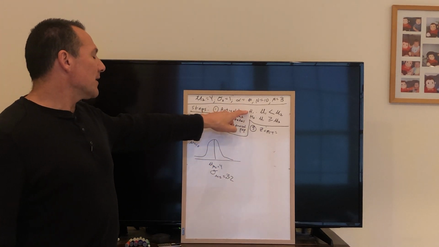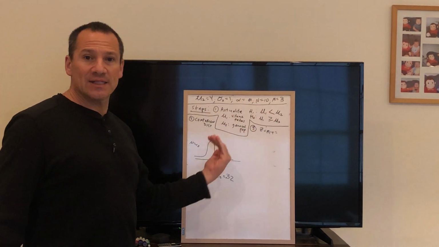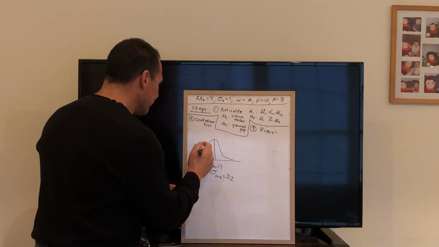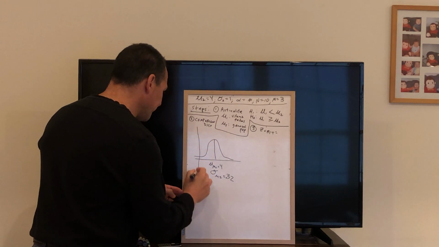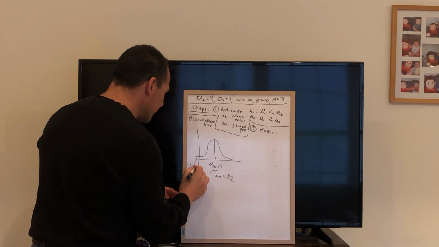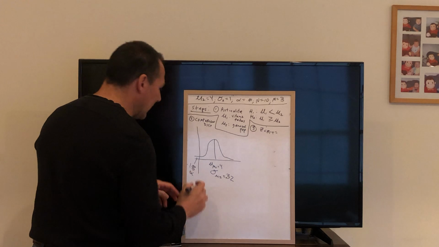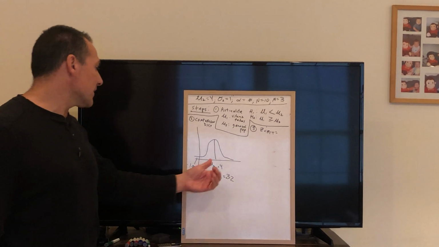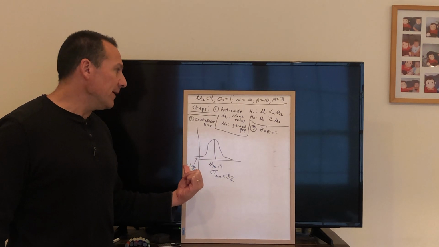The research hypothesis is that mu1 is less than mu2. Therefore, our alpha region is over here. This is 1% of our distribution. That's alpha. If we were going to carry out the hypothesis test, this is where our alpha region would be.